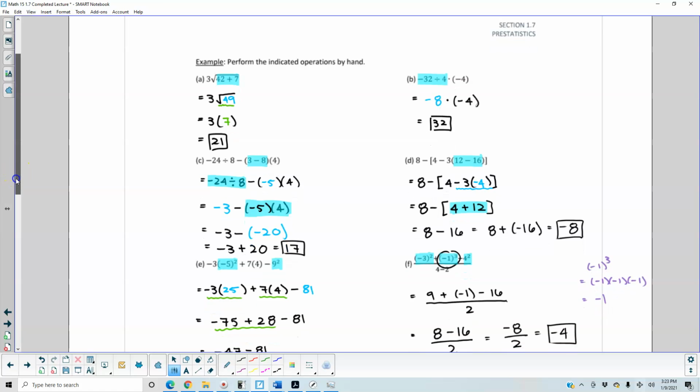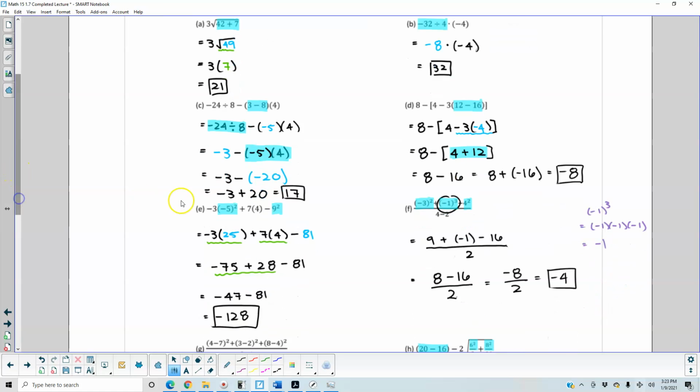Next, in part E, we have negative 3 times negative 5 squared plus 7 times 4 minus 9 squared. So there aren't any grouping symbols that we need to work with, so the next step is to do exponents. So all the exponents we need to simplify. So negative 5 squared is positive 25, plus 7 times 4, minus 9 squared is 81.